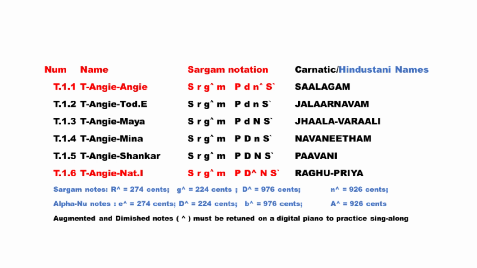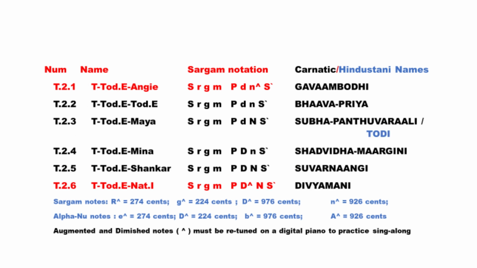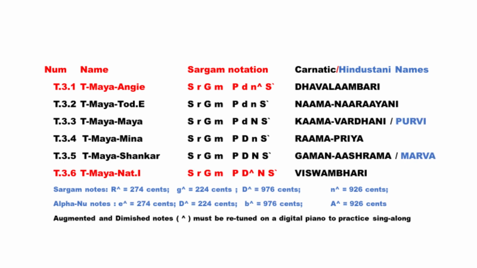Now T Toddy. T Toddy has one Hindustani name called Todi, which is Todi Maya or Shubhapantuvarali in Hindustani. Now, house of T Maya has two Hindustani names: T Maya Maya, that is Kamavardhini in Carnatic, and Purvi in Hindustani.